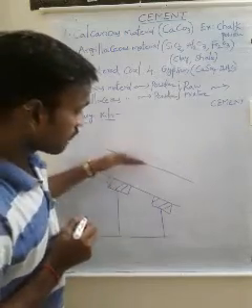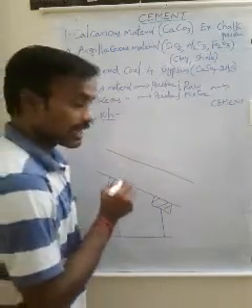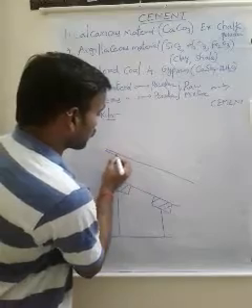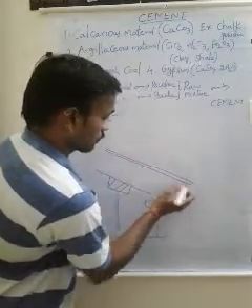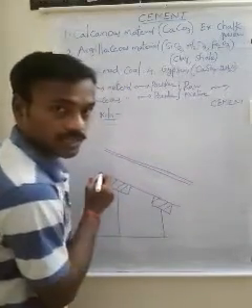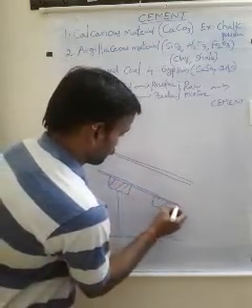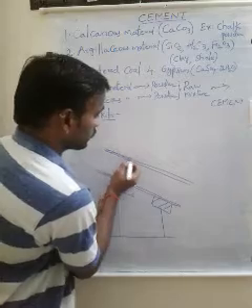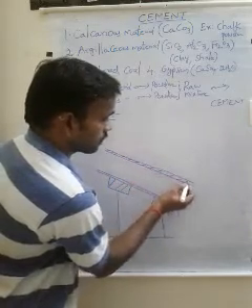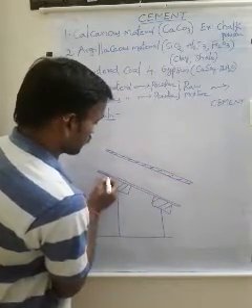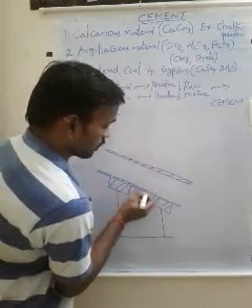Here, the inner walls of the rotary kiln are lined with refractory material to resist heat loss from the rotary kiln.